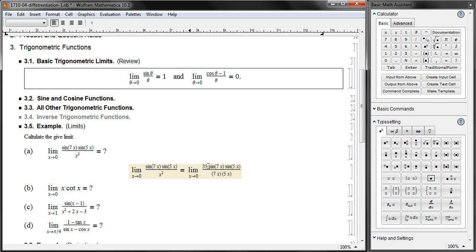So basically what I did was multiply 35 to both numerator and denominator so that we get this: 35 times limit x is going to 0, sine of 7x over 7x, and then times sine of 5x over 5x.